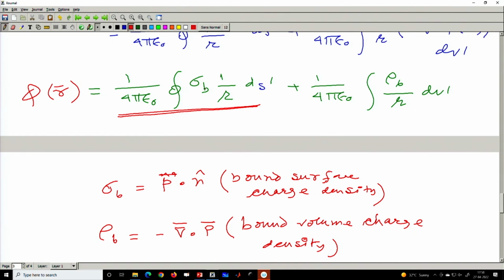And another contribution where we have a bound volume charge density. So, the potential is a contribution of a bound charge that is entirely over the surface, and another set of charges which is again a bound charge, but a bound volume charge density. That is why there is an integral over volume and an integral over surface.